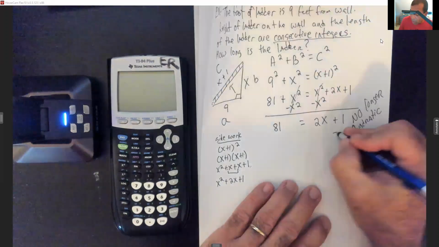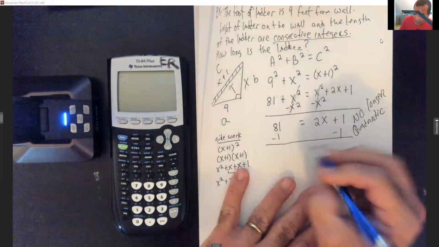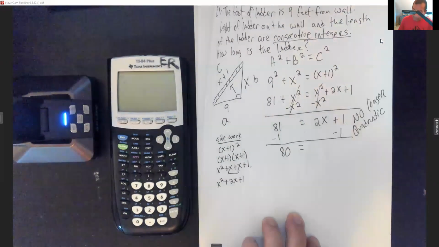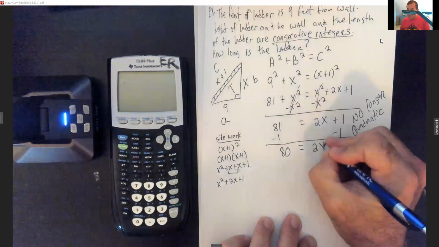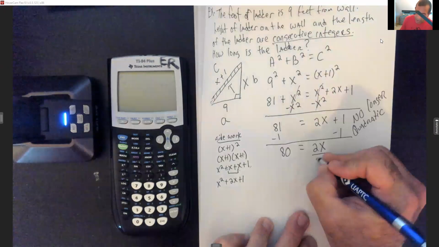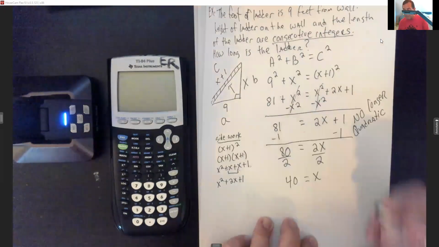So we're going to subtract 1 from both sides. So notice I now get my 80 is going to equal 2x. All right, y'all, divide by 2 and be done with this. 80 divided by 2 gives me 40 equal to my x.